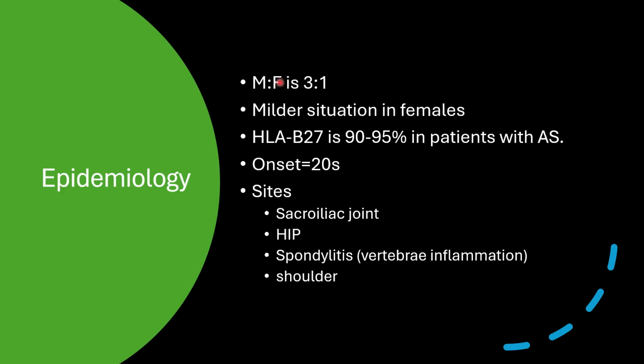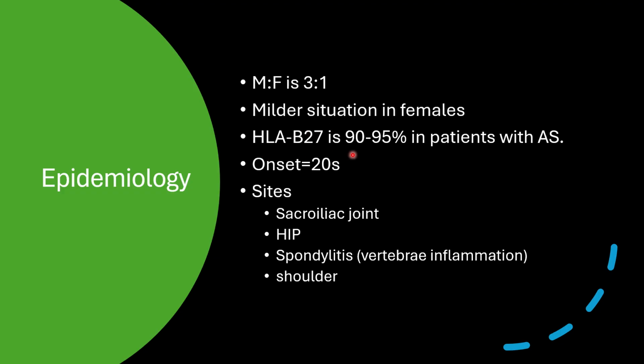Epidemiologically, it affects more males than females at a ratio of 3:1 respectively. And also it favors females the more, besides the fact that fewer females will be affected compared to males. The affected females will have less trouble, so they have milder situations.